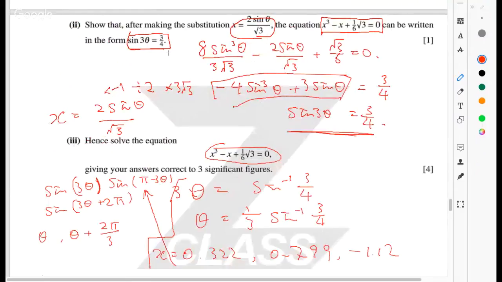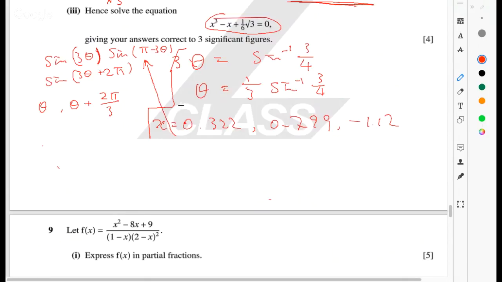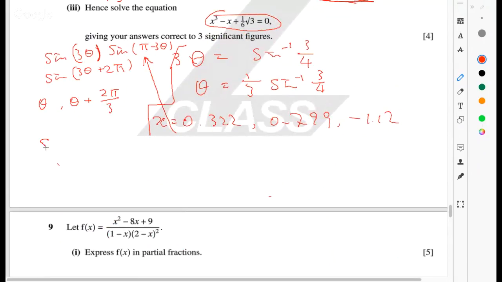In question 2 and 3, we're solving an equation regarding sine 3 theta, but for the definition of x, we're only using the equation of sine theta. When we solve sine 3 theta equals 3 over 4, we know that 3 theta plus 2 pi would work, and 3 theta plus 4 pi would work. We're just using the periodicity of sine.